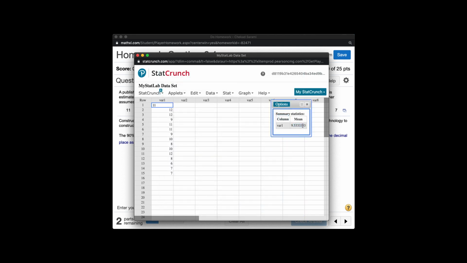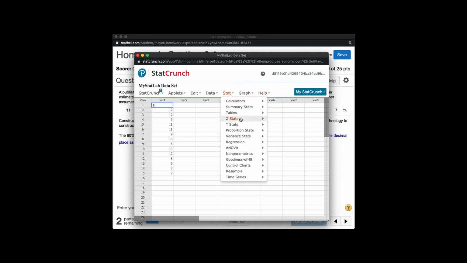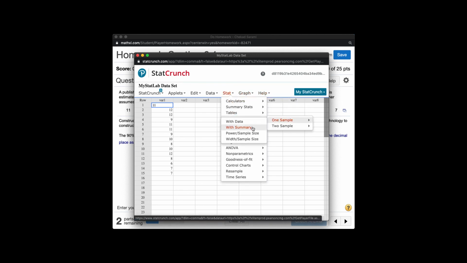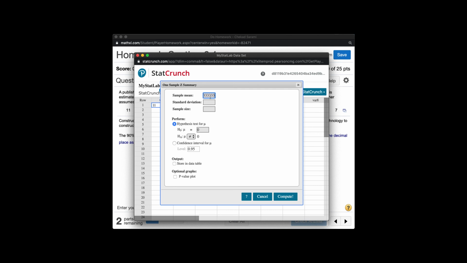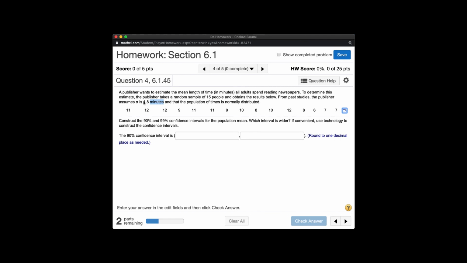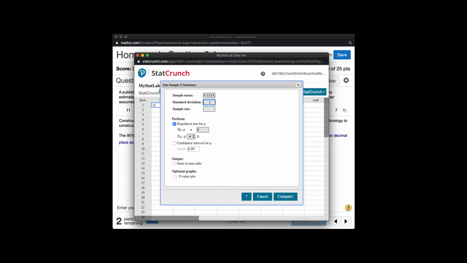It's 9.53333. So I'm going to copy this, go back again, one sample with summary. That was the mean. Standard deviation, what is it? 1.8, 15 people. So 1.8, and sample size is 15.